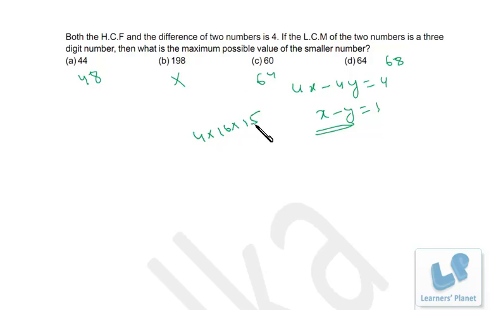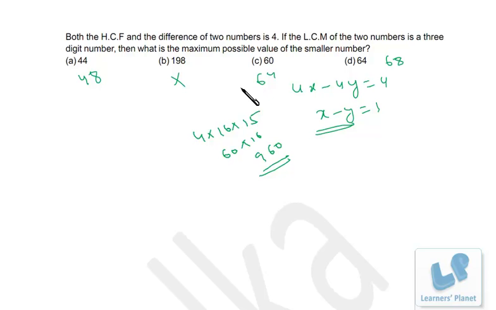Now 64 into 15 into 4, that is 60 into 16, that is 960, right? So this is 960, and 64 into 60 will definitely be a 4-digit number. So we want the LCM to be a 3-digit number. So the maximum possibility is the LCM to be 960 when the numbers are 60 and 64. That means the smaller number must be 60, right?